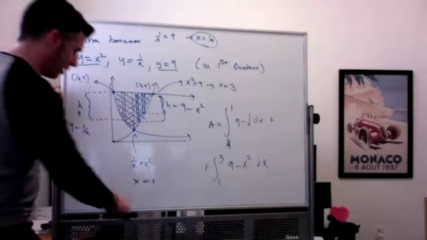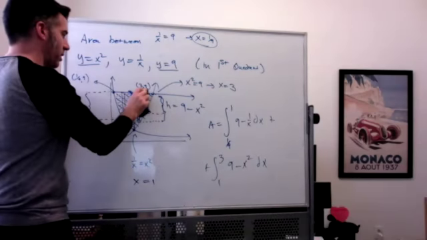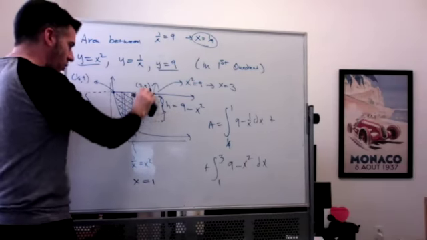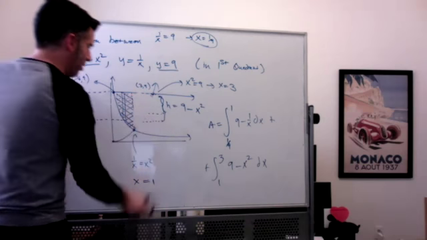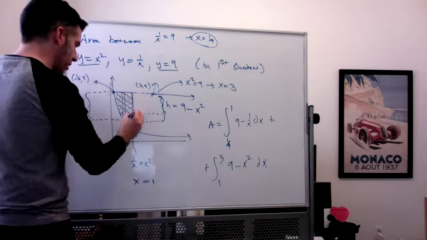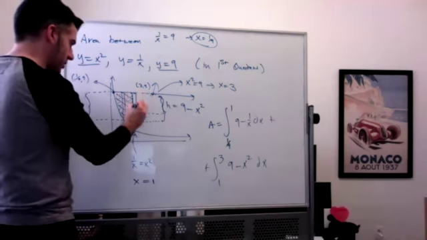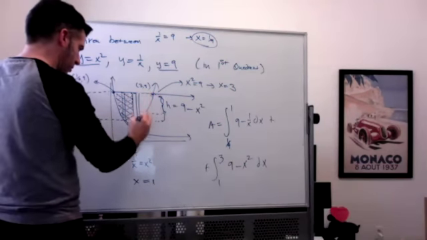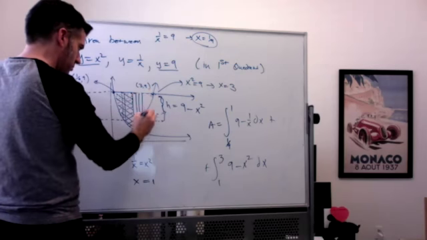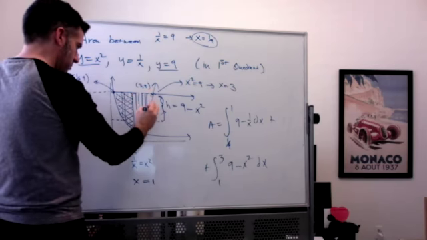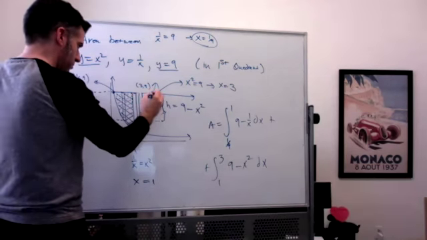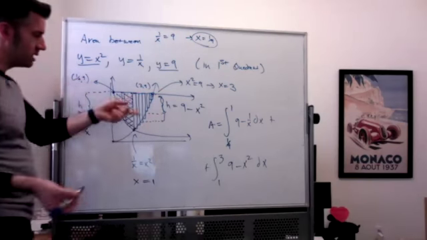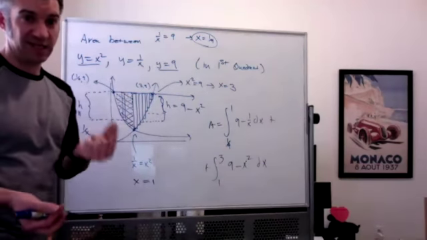Because really, here's the truth. What I'm actually thinking of is I'm drawing all the rectangles. I just don't want to draw them all. So really what I'm saying is, this area here is all these tiny little rectangles added up together. Each of these rectangles, the base is dx.